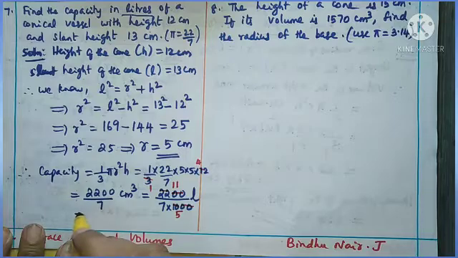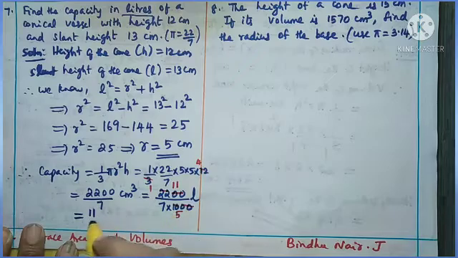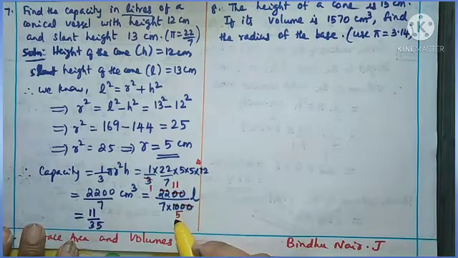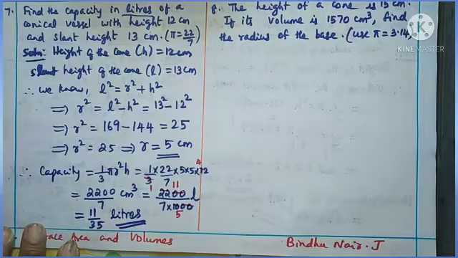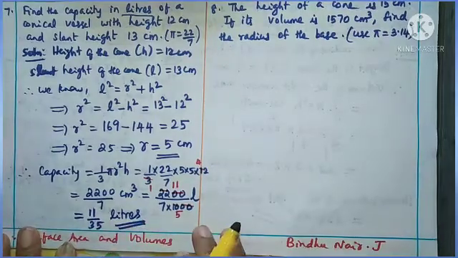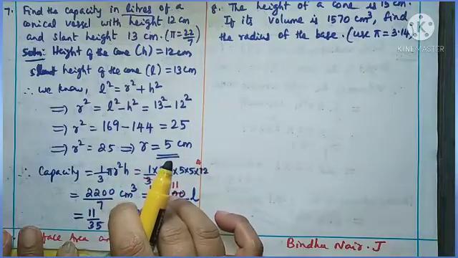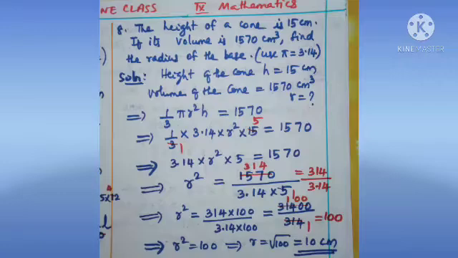You will get numerator 11 and denominator 7 5s are 35. So 11 by 35 liters. This is the answer. No need to divide 11 by 35, keep it as it is. So 11 by 35 liters is the capacity of this conical vessel. Dear students, please copy this answer in your notebook.